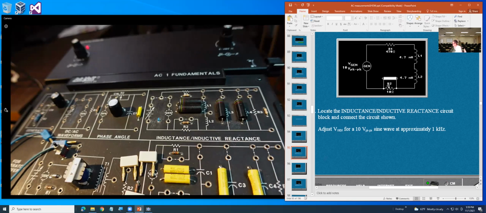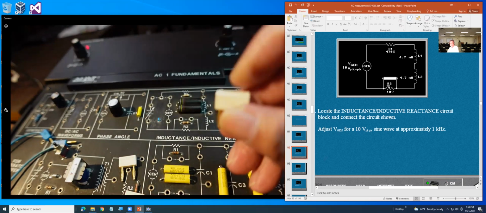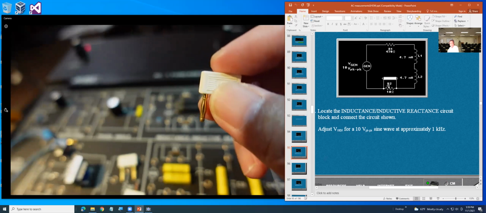So you can see right here, this is a broken line. In order to do it, you must use the 2-pole. This is the 2-pole.